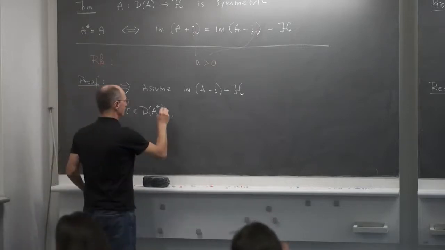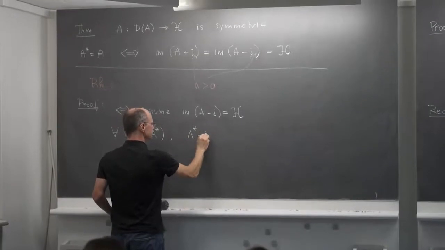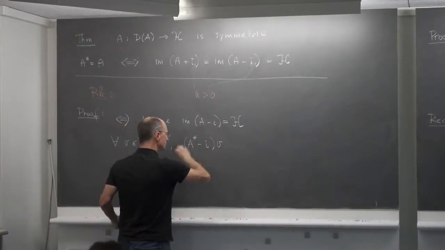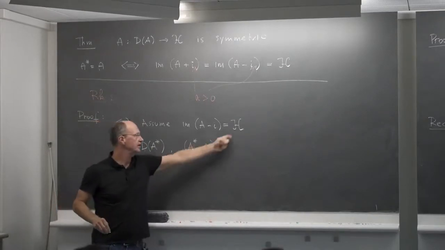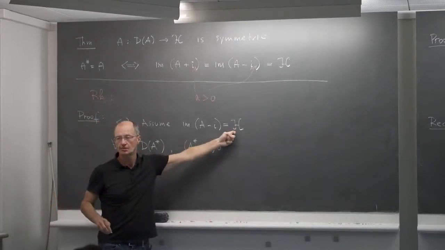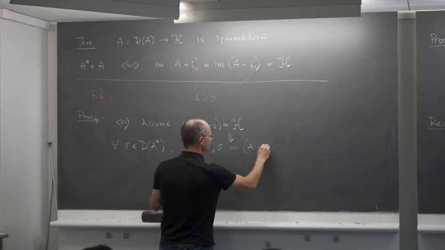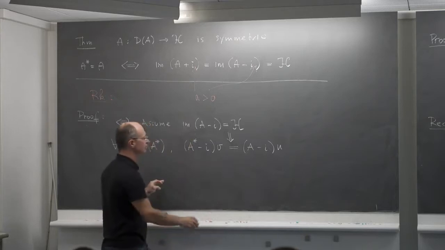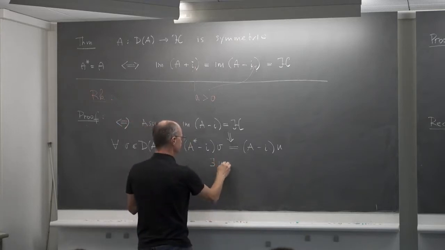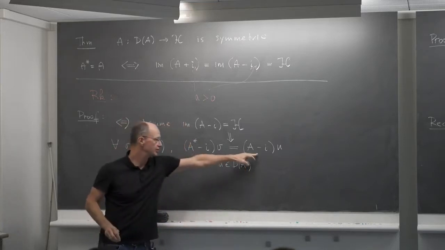Then let's apply A star minus I to v. Well, we obtain some vector of H. Since we obtain some vector of H, this means that you can find some vector u in the domain of A, such that this holds true, right?